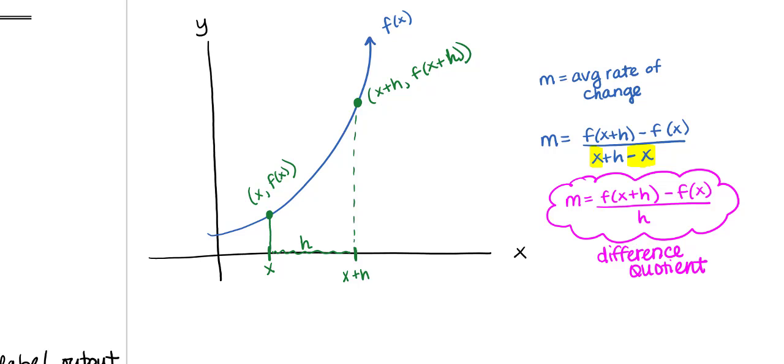What I would like to comment on now is what this looks like graphically. And so the average rate of change would be my slope if I connected these 2 points together right here and had a constant slope from beginning to end. That's what connecting those 2 points would look like.